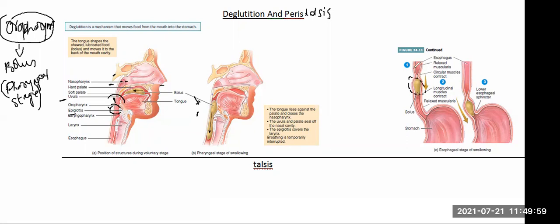right? You can see the circular muscles. We know that the esophagus is muscular, so its muscular walls contract, right? When it contracts, it will move the bolus further down.